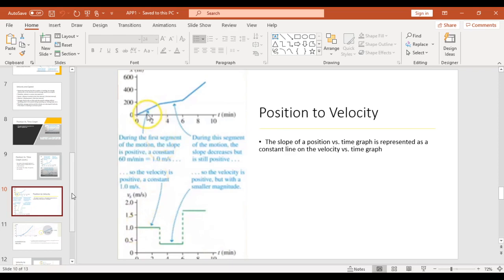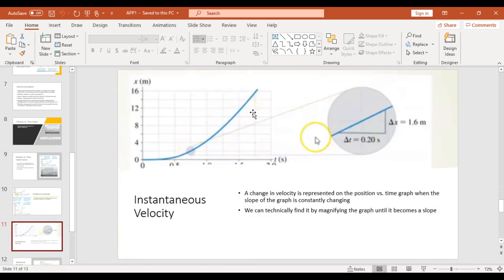Now, let's say you did encounter a slope like this where you can see there is a curve in the x position graph, right? Or xt graph. Now, I want you to conceptually think about this.